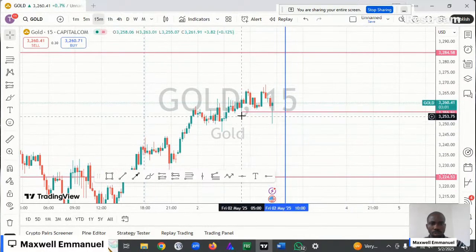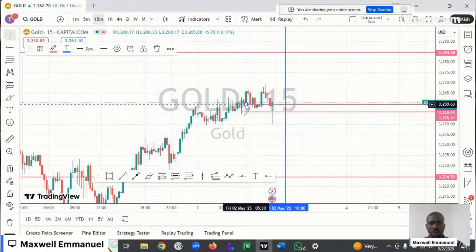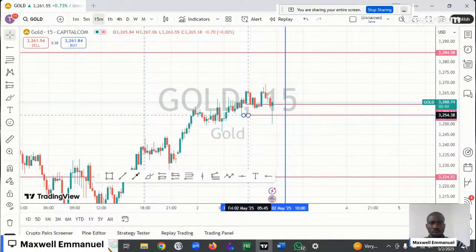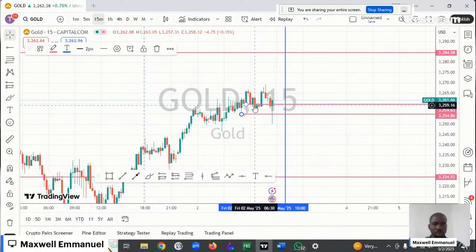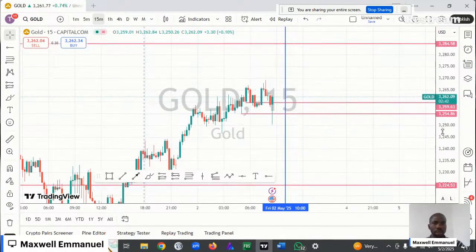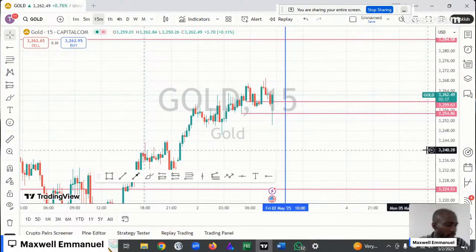You could look for sales below this zone. If gold closes below this zone, then you could consider selling gold. I hope that is clear.